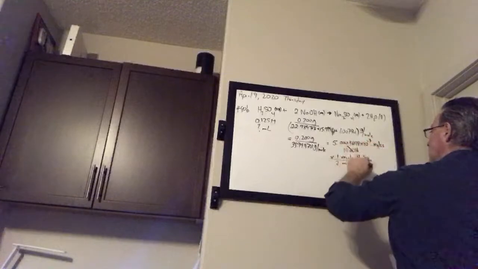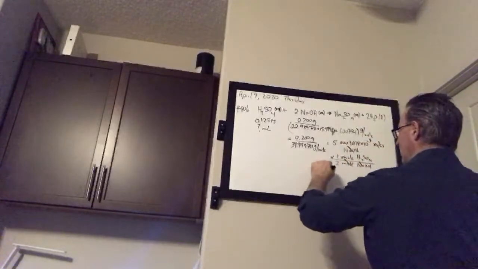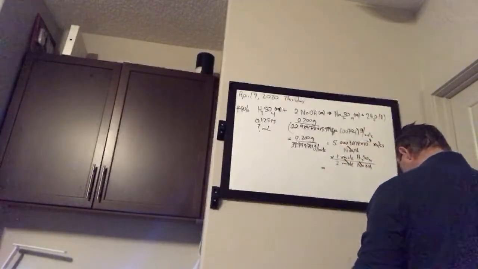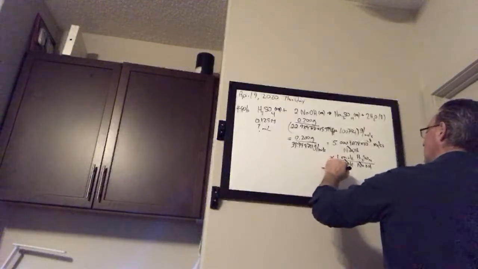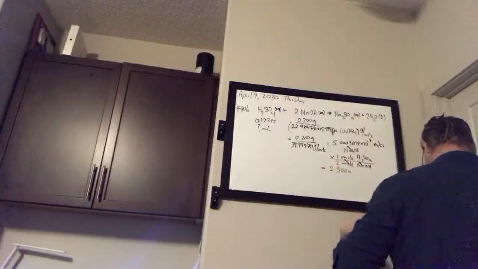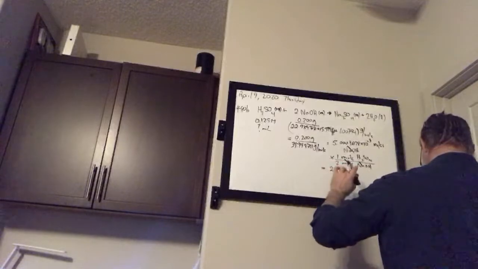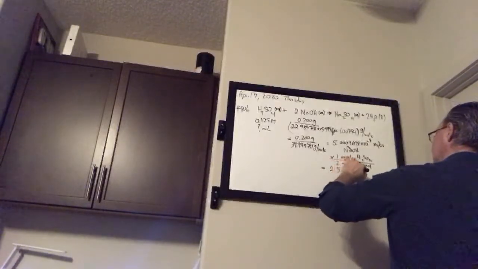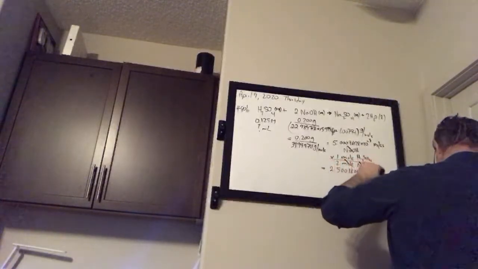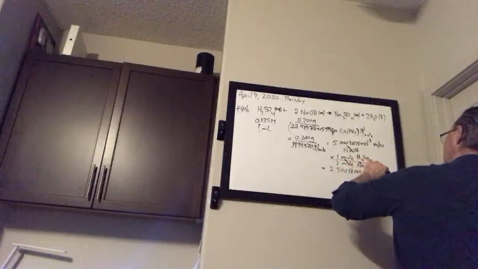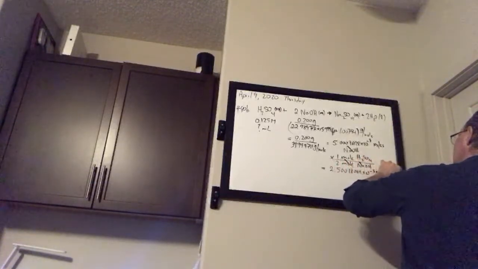So moles of NaOH will cancel. And what we end up needing in moles of sulfuric acid is 2.5000, sorry, 18064 times 10 to the negative 3 moles.